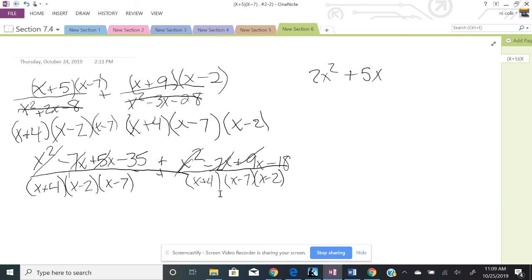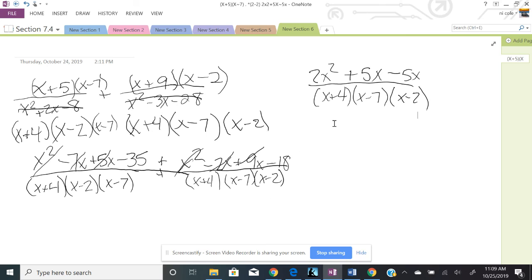Now I have negative 35 minus 18, which will give me minus 53, over x plus 4, x minus 7, and x minus 2. And there you would have it.